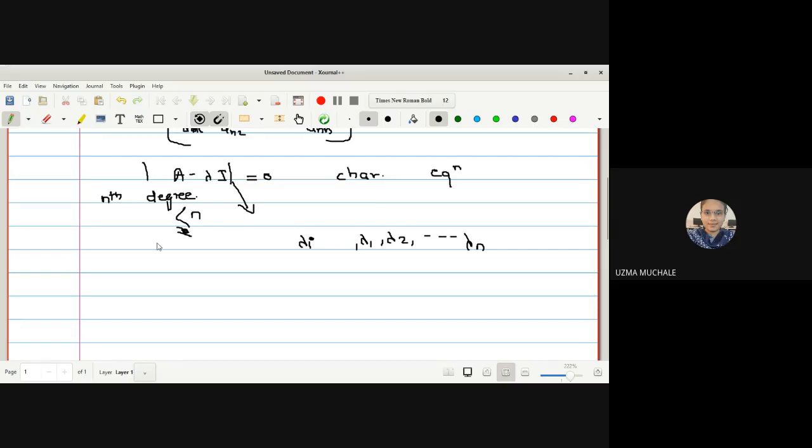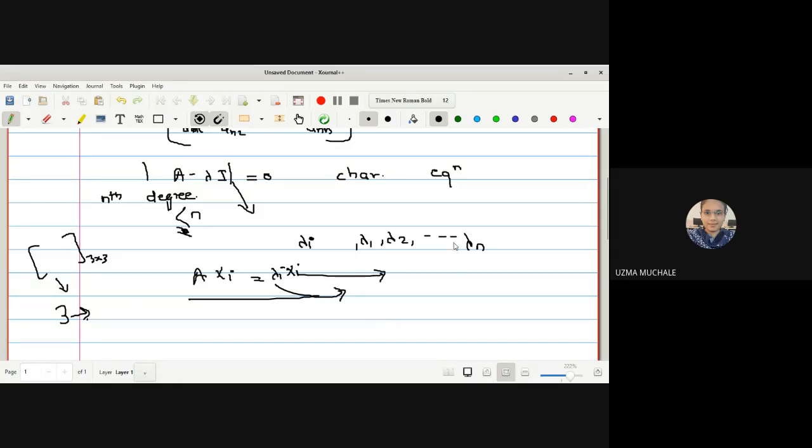And for each value of lambda I, there exists a vector in such a way that A xi is equal to lambda I xi, right? I think everyone has solved any 3 cross 3 matrix. You get 3 eigenvalues, then correspondingly you will get 3 eigenvectors, and this is the condition, where lambda is an eigenvalue and xi is the corresponding eigenvector. Okay.